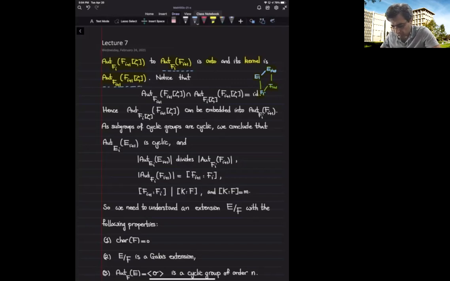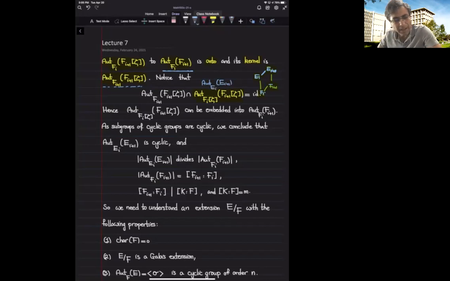Now, let's try to understand what happens if I restrict this surjective map to this cyclic group, if I restrict that to the group that I'm interested in, meaning automorphisms of E_{i+1} that are E_i-linear. So this is precisely automorphisms of E_{i+1} that are E_i-linear.